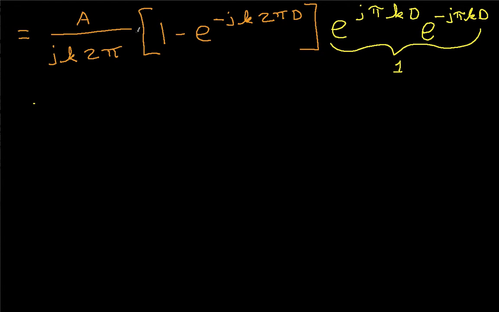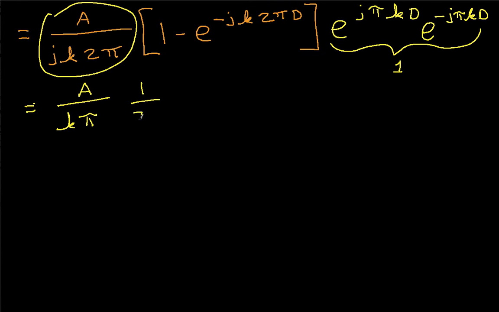So the next thing I'll do is mess with this guy out here just a little bit. We'll write it as a over k pi, and then we'll write the rest as 1 over 2j. So I've taken this 2j and factored it out of the k pi.